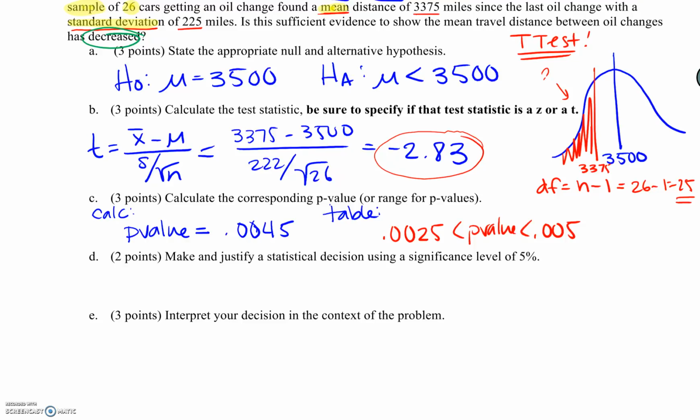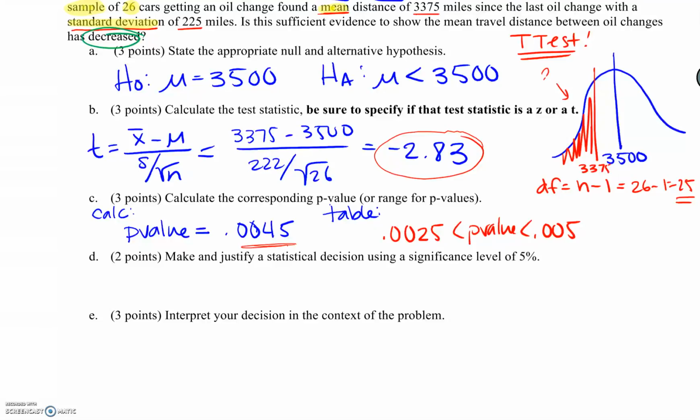We don't know exactly what it is, but it's somewhere between those numbers. And we can even see here from the calculator, sure enough, 0.0045 is in between those two. And it's a lot closer to the 0.005, which was the one for 2.7. No need to multiply this range by 2 because we're doing a one-tailed test, right? We're just looking for that one-tail probability.